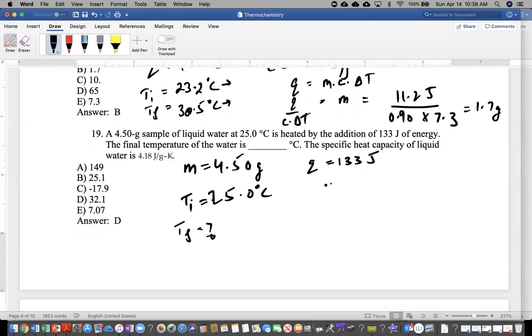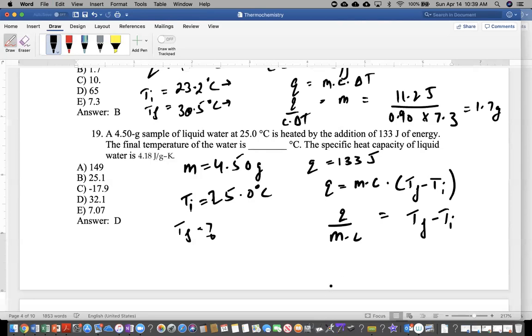So you're using Q equals MC delta T, but we know delta T is TF minus T initial. You can keep that separate for right now. We can do Q over MC, and I'm keeping that on one side. If I want to find TF, then if I have Q over MC, I will have to add the TI to it.